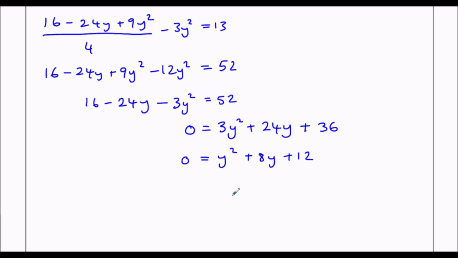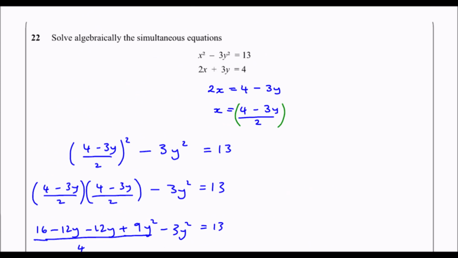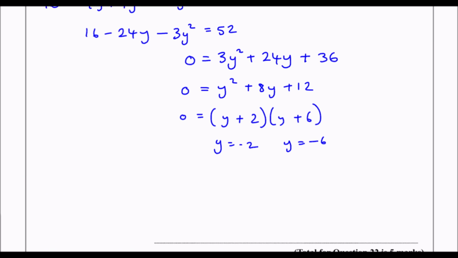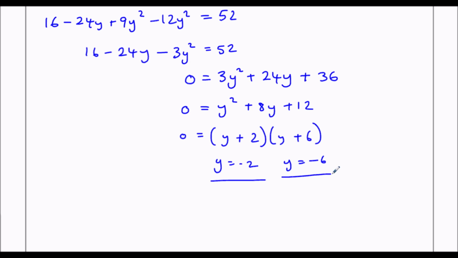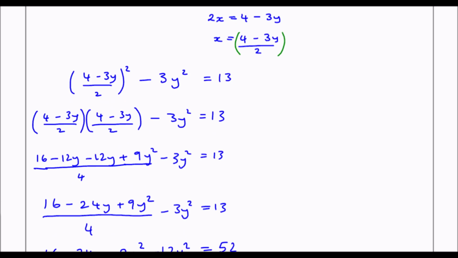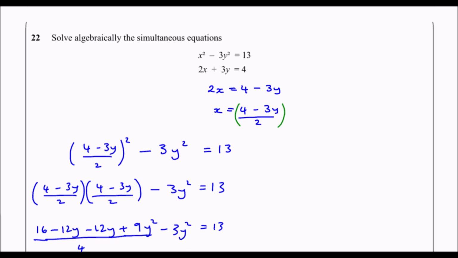And this factorizes, so it's a y in both brackets. What multiplies to make 12 and adds to make 8? 2 and 6. So y is negative 2 or y is negative 6. Then my y values, it's a simultaneous equation, I need x values as well.